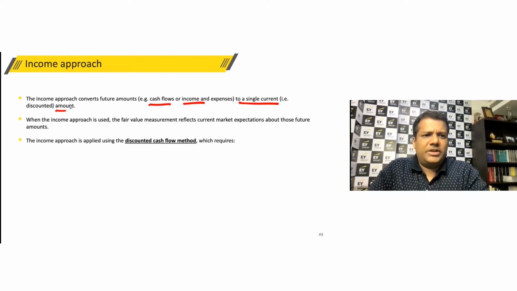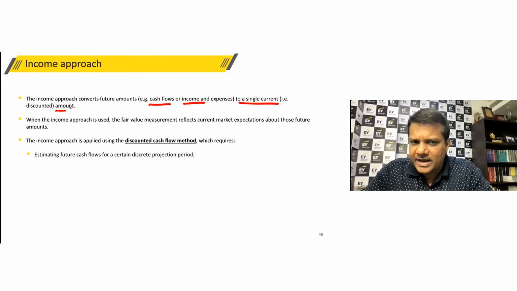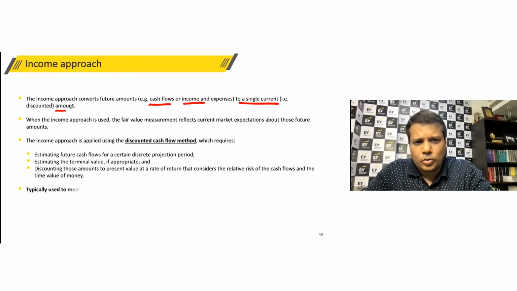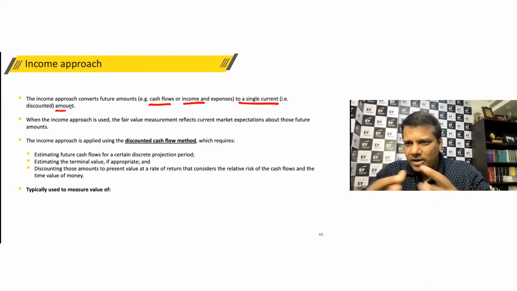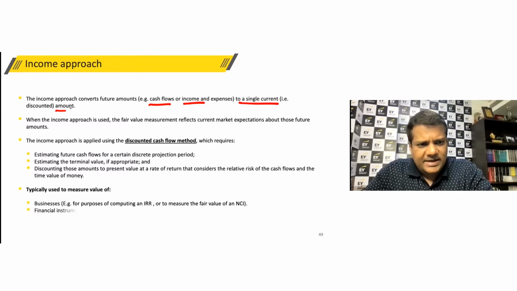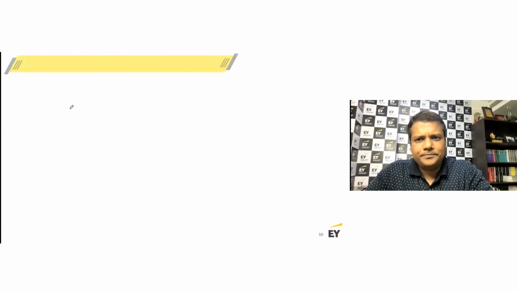The income approach is applied using the discounted cash flow, which requires estimating the future cash flow, estimating the terminal value if appropriate, and discounting those amounts to present value at a rate of return that considers the relevant risk of the cash flows. So you look at those debt and equity components and things like that. It is typically used to measure the value of businesses, for computing an IRR, for financial instruments which are not traded, or for liabilities, or for intangible assets.